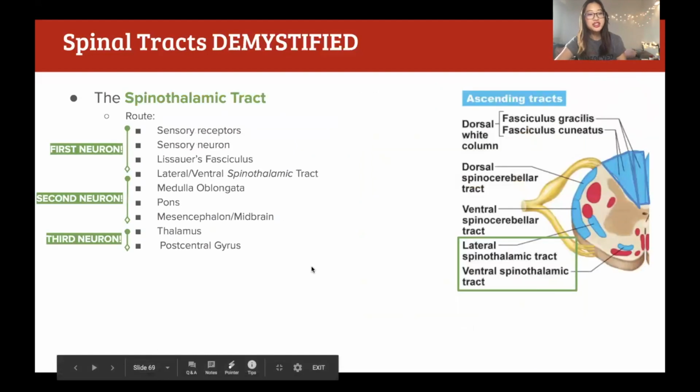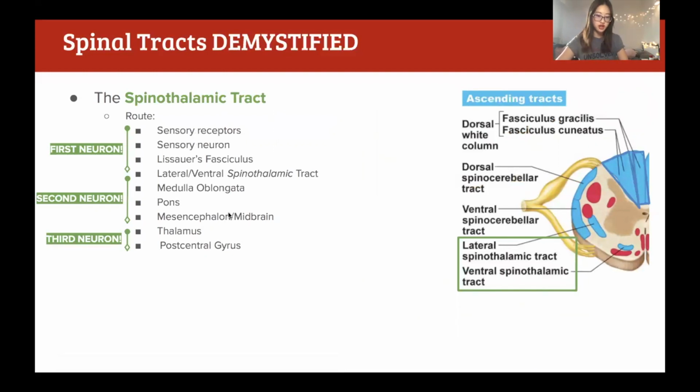Okay. And then the spinothalamic tract. This is going to be a little bit easier just because it's less complicated. Basically, what happens is we go from sensory receptors, again, pain, temperature, and crude touch. These go up to Lissauer's fasciculus and the lateral/ventral spinothalamic tract, medulla oblongata, pons, midbrain, thalamus, and then finally the postcentral gyrus.